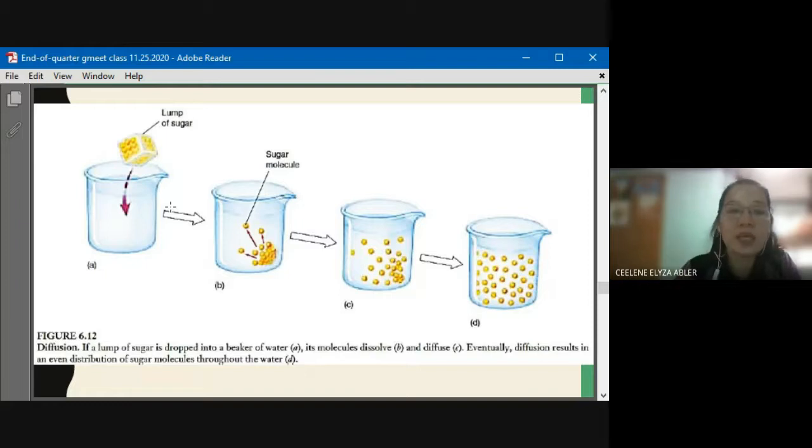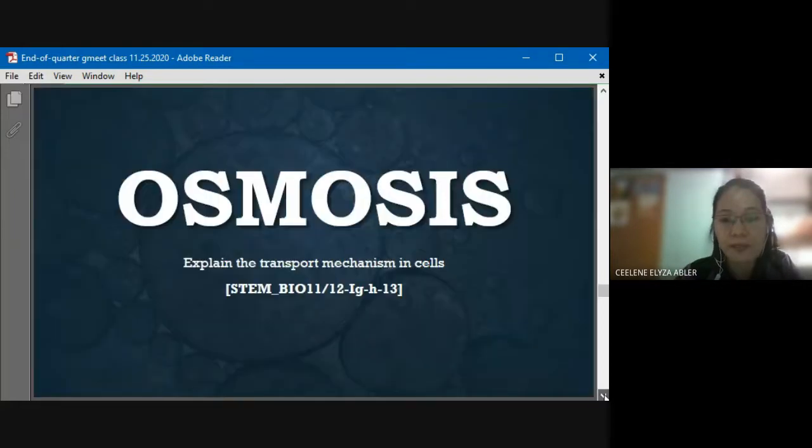Okay. So yan ang nangyayari sa inyong diffusion and osmosis for the substances. So that's an example for it. Just remember, diffusion is referring to your solutes. Osmosis is referring to your water. Alright? Balikan natin yun siya.